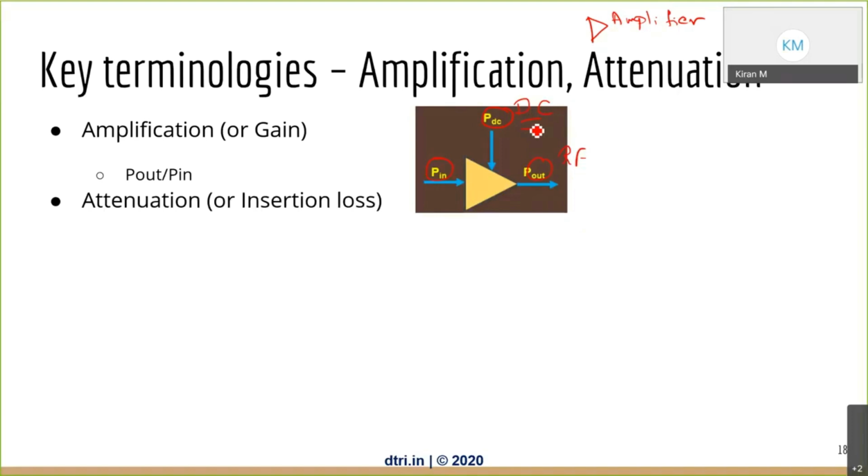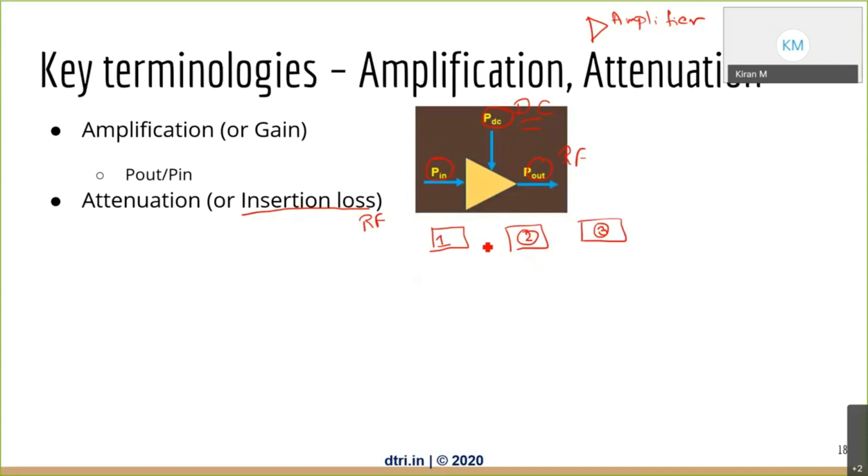Now let's look at what is attenuation. Attenuation is commonly called insertion loss in the RF domain. Why is it called insertion loss? Because if you remember the superheterodyne architecture, I have different blocks like this. Let's say this is block 1, this is block 3, and I've inserted this block 2 and it is not giving any gain.